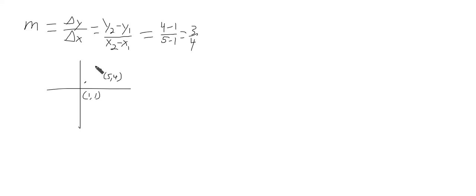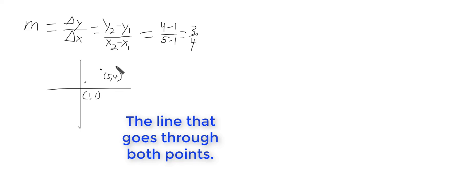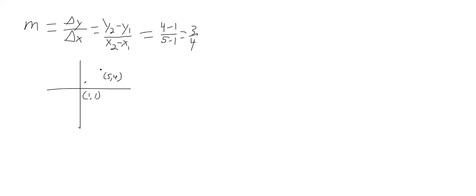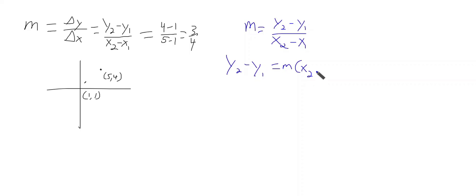But if I asked for the equation for this line, that's a little bit more complicated. To get the equation for the line, you have to put this into point-slope form. So what is point-slope form? Let's take our equation, m equals y2 minus y1 divided by x2 minus x1. Let's rearrange this. So this says y2 minus y1 equals m times (x2 minus x1).